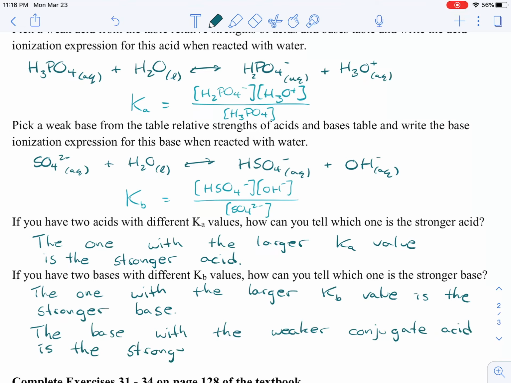The reason I say this is because when we look at the table of relative strengths of acids and bases, it only gives us the Ka value. So the base that is further up the table has a conjugate acid that is a stronger acid, and therefore it is the weaker base. The further up on the table you see the base, the weaker it is.